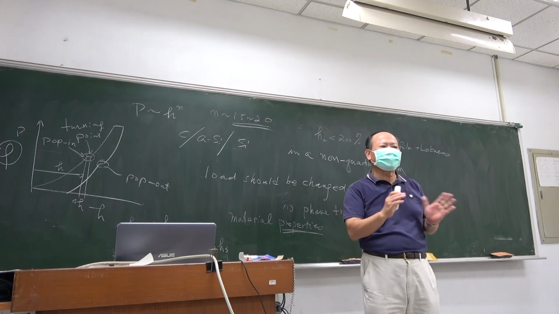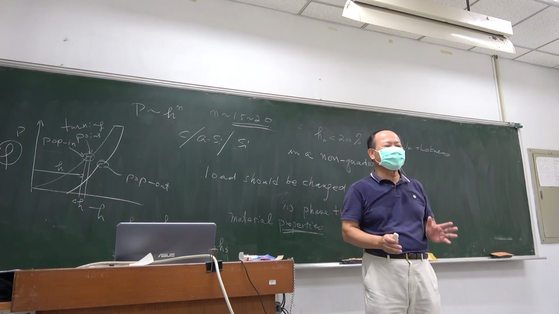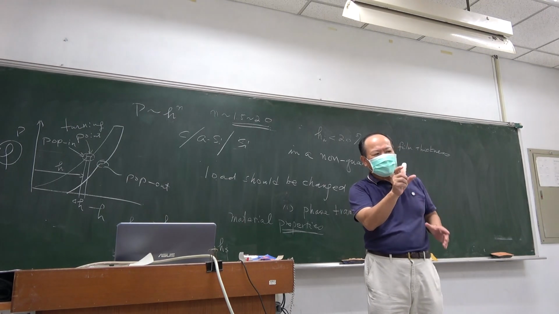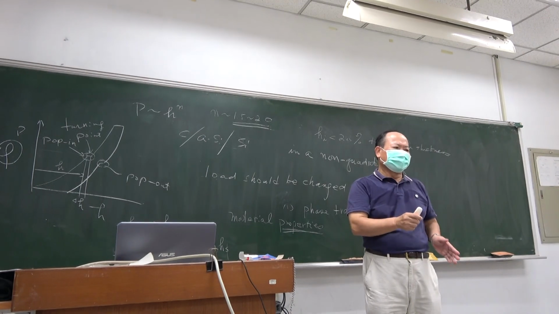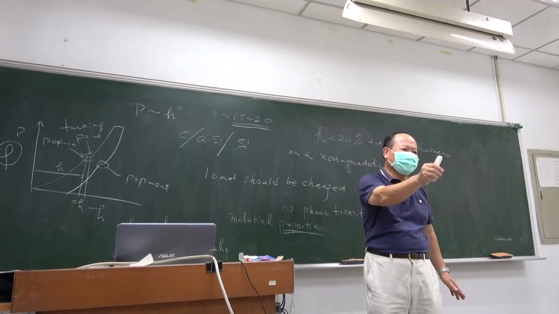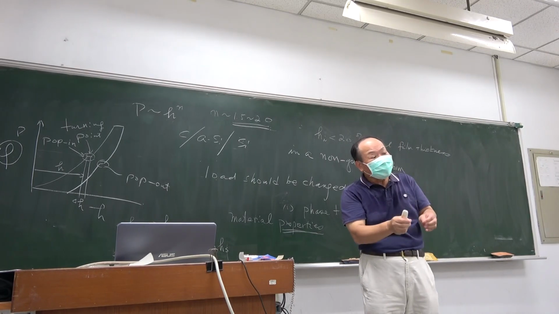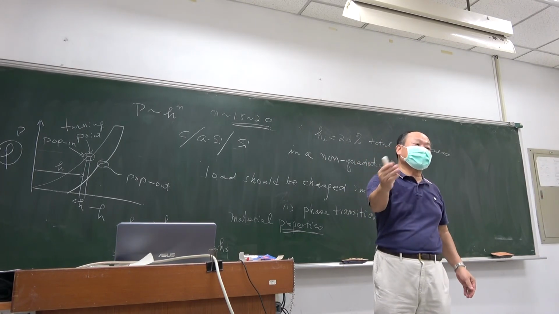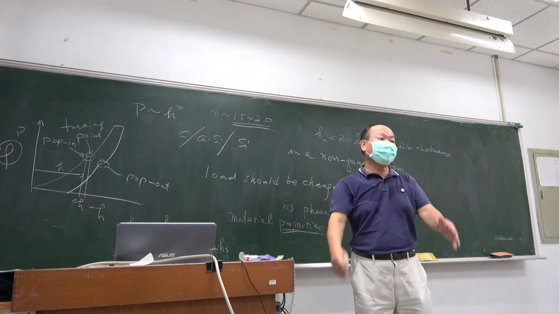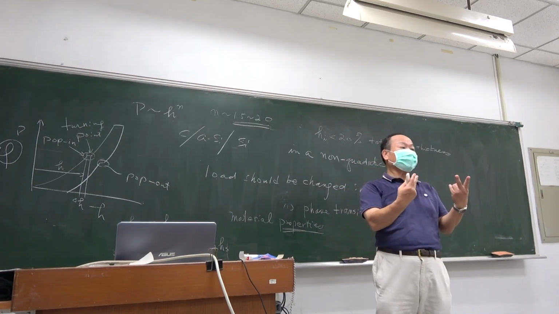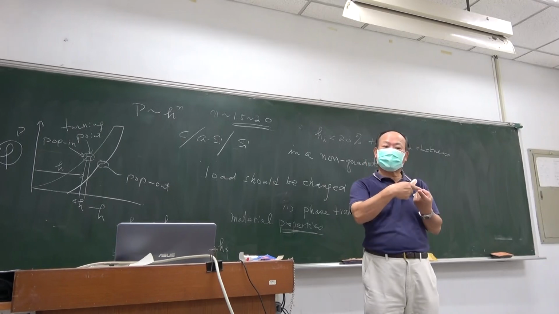So we have two dilemmas. If the film thickness is too small, you cannot have your indentation depth too large. If your indentation depth is too small, you will have a surface roughness effect on your data. So you have a big problem. You do this one, you have another problem.